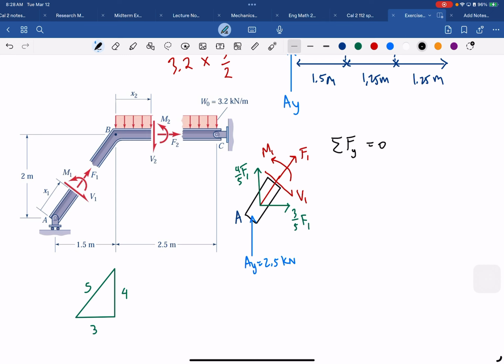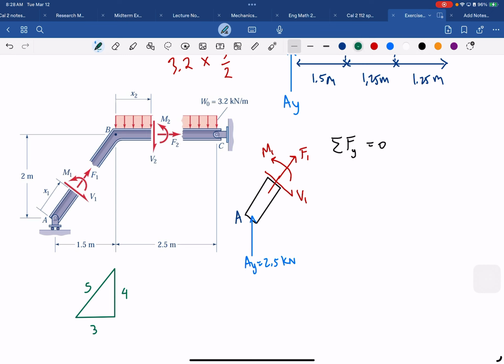Okay. We could do this, or we could make the AY become the same as the F1. Let me try that. This could work, but if we work the other way around, it should result the same.